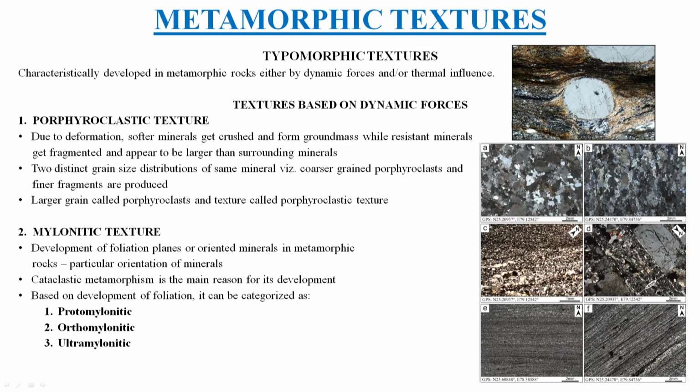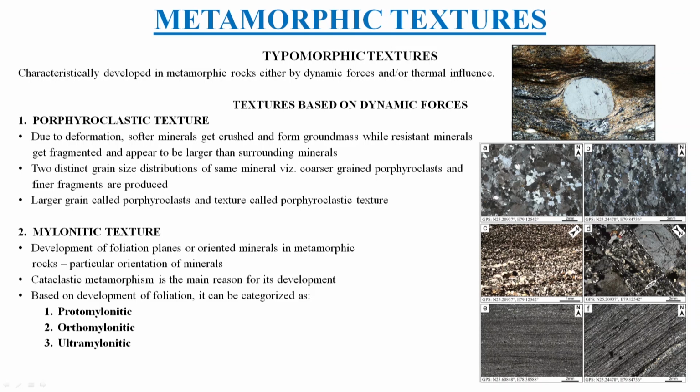Here you will not be very confident of any foliation or any layering, but in the next photograph that is marked as B, you will see that there is some kind of layering now present, or some kind of distinction you can also make if you go from the left side of the photomicrograph to the right side.